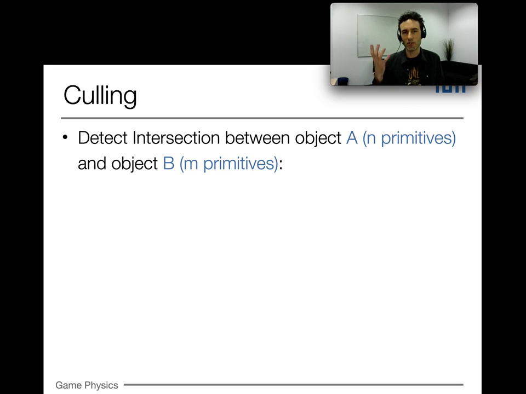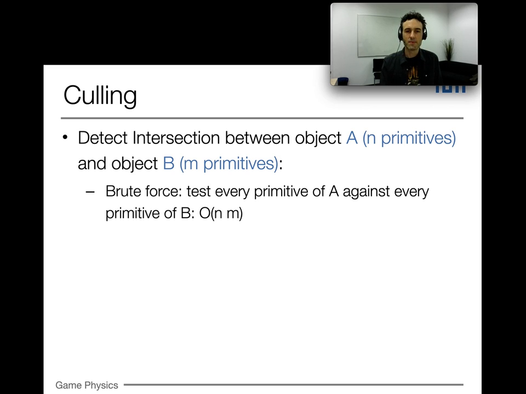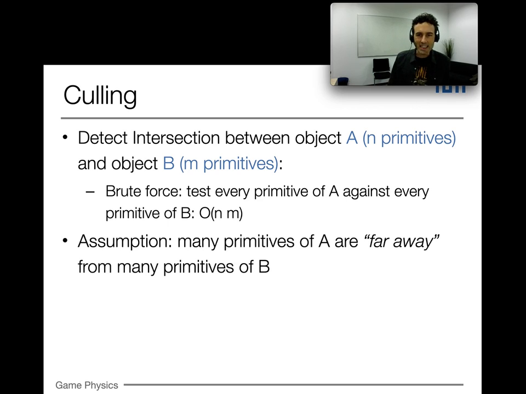Those could be spheres or triangles or so, and another object with m of them. And then the brute force variant would be that we test every one of the primitives of A against every one of the ones in B, giving us an n times n complexity.